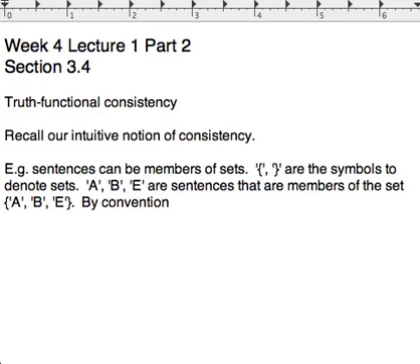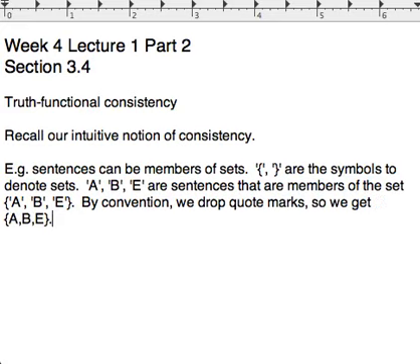So by convention we drop the quote marks so that we just have A, B, E. These commas aren't members of the set. What the commas just say is when the first member is over, distinguishing the different members of the actual set.